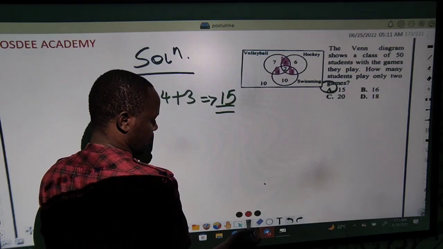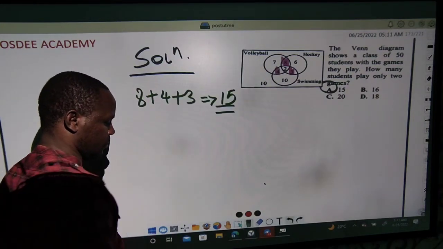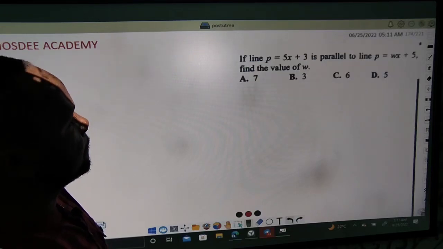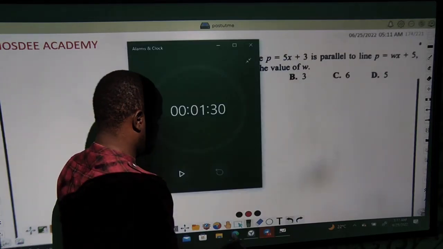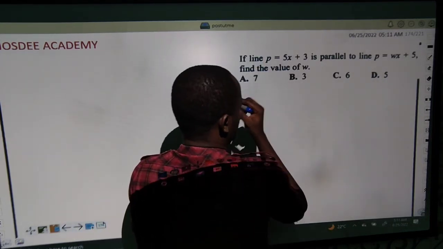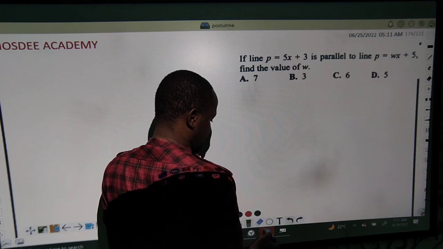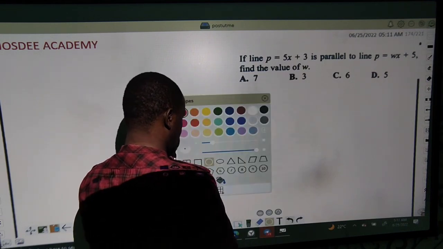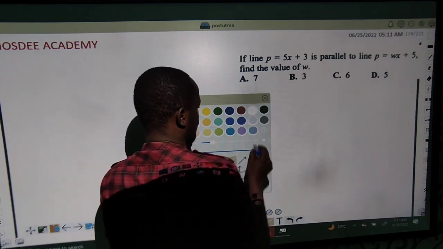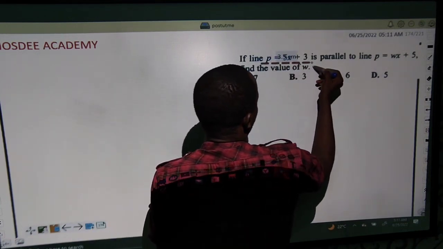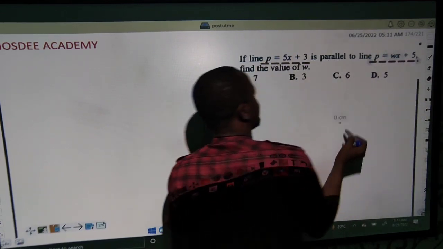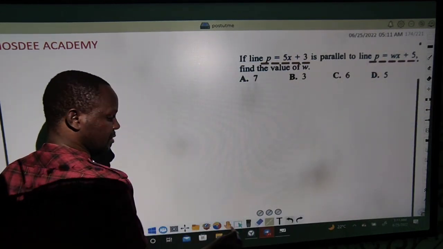So next one, the next question. Thank you, admin. Thank you very much. I appreciate your time. So the question is, this line there is parallel to the other line. When lines are parallel, many times we've talked about it, their gradients are the same.